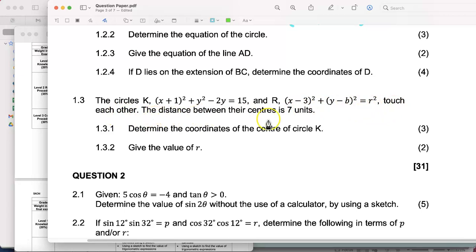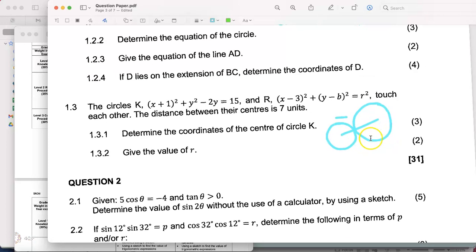The distance between the centers is 7 units. So here I've got two circles that just touch each other, and this distance here is 7.